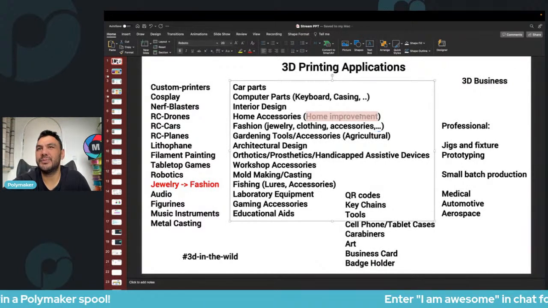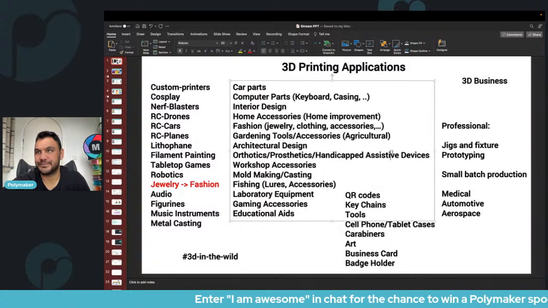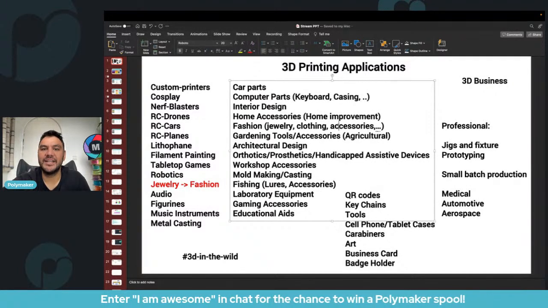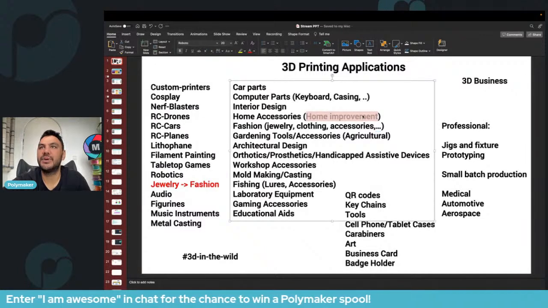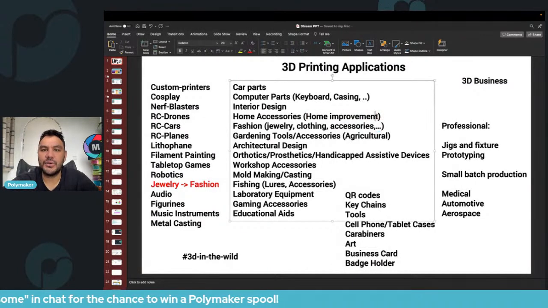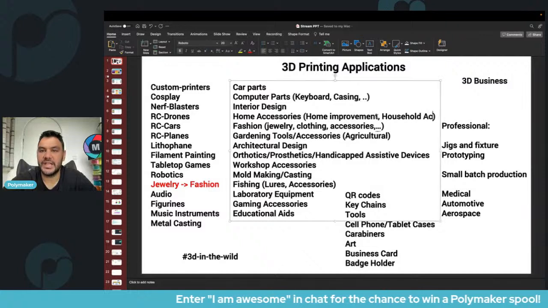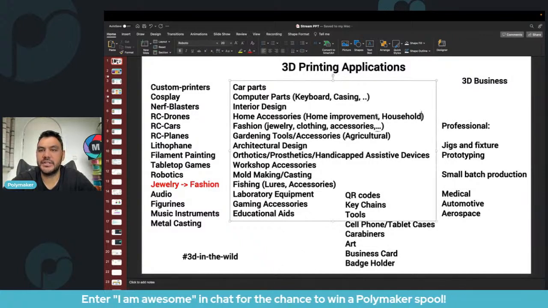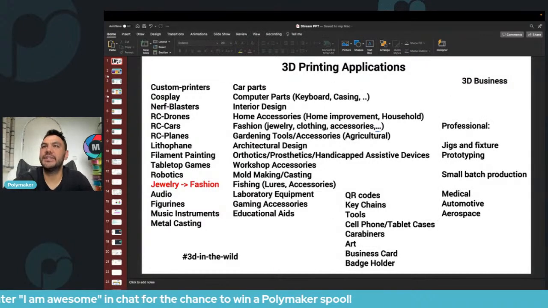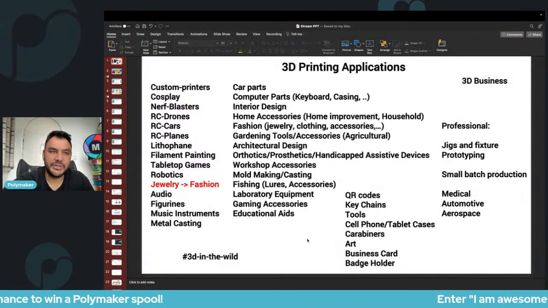Household innovation, power holder, I would put that in home improvement as well. Household accessories or innovation. Home improvement, yeah. Okay, great.